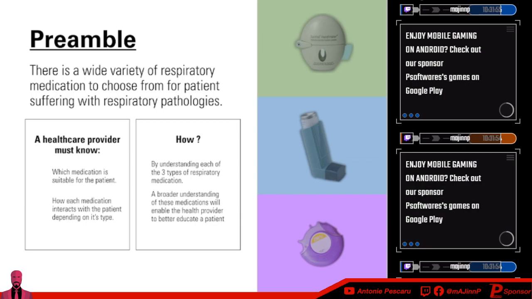A broader understanding of these medications will enable the health provider to better educate the patient whenever they have questions, or to better communicate with the doctor, the nurse, or the respiratory therapist, whatever healthcare provider you may be in the healthcare providing world.